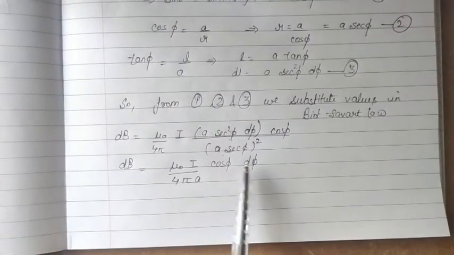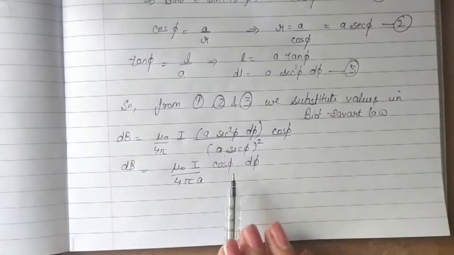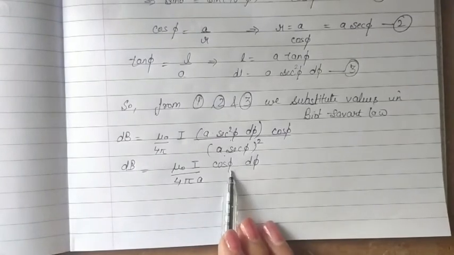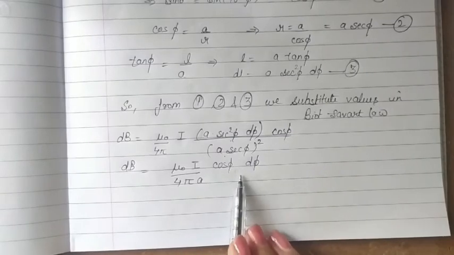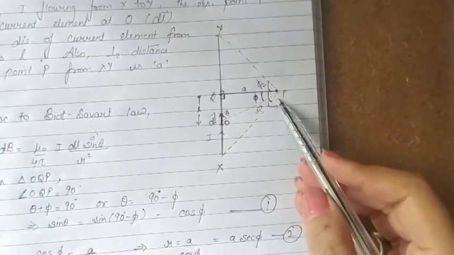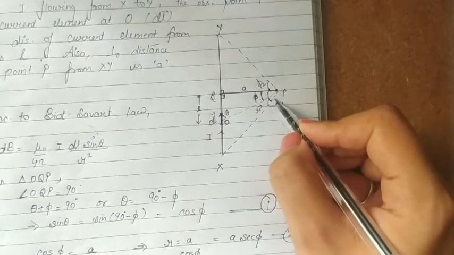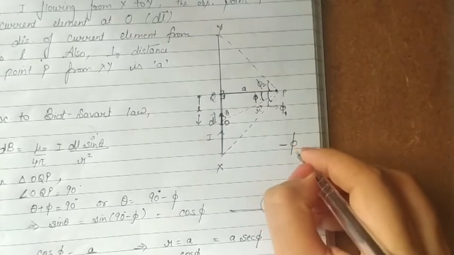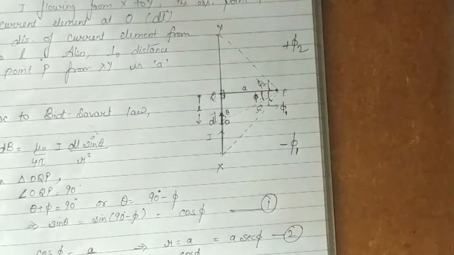Now this is the value because of the current element that we have considered at point O. If I want to find the magnetic field because of the whole conductor, then I have to integrate this in limits of phi. For the whole conductor the angle phi varies from phi 1 to phi 2, but phi 1 is along the negative axis and phi 2 is along the positive axis. So limits will vary from minus phi 1 to plus phi 2 for this whole wire xy.